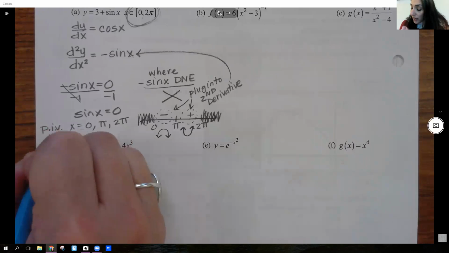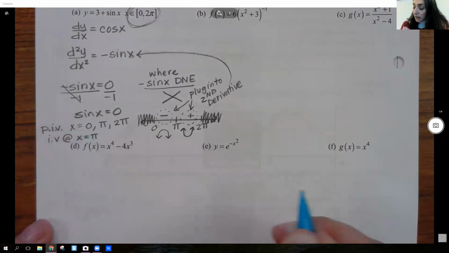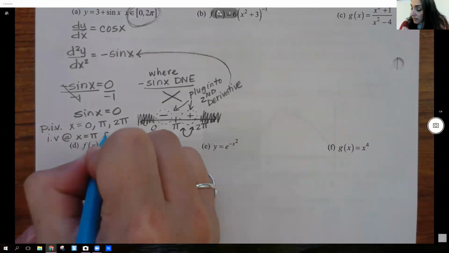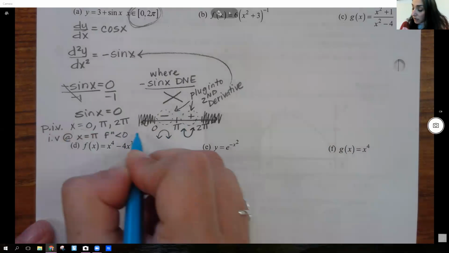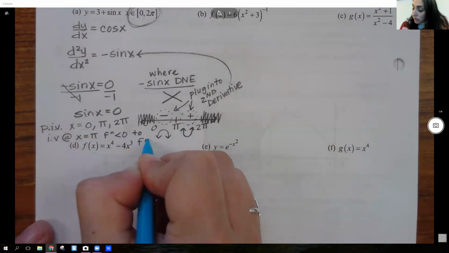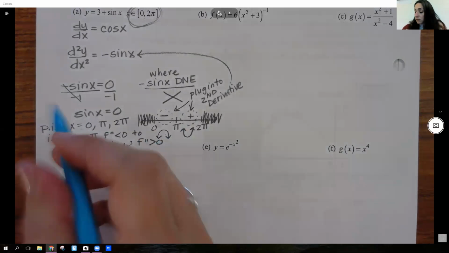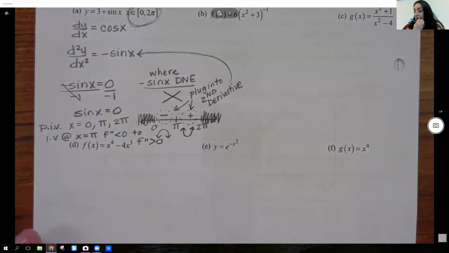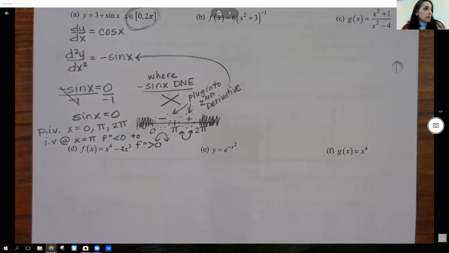The actual inflection value is at x equals pi because the second derivative changed from negative to positive. Take a few seconds to make sure that you understand that. Any questions about that?